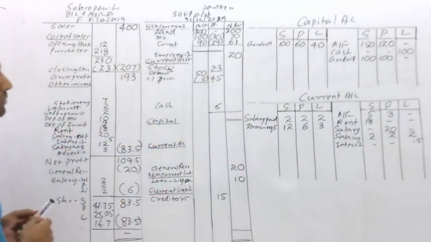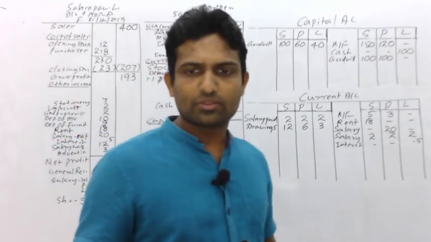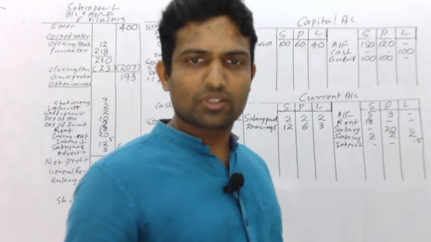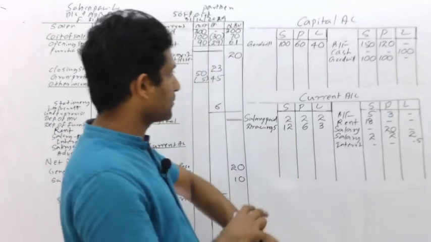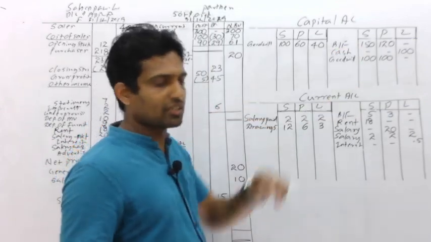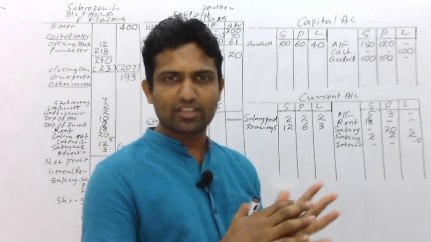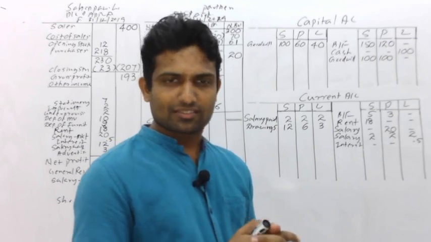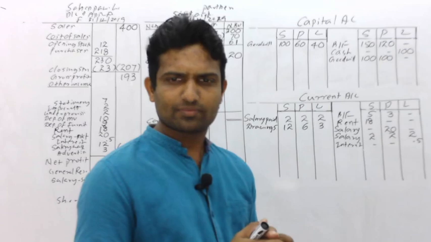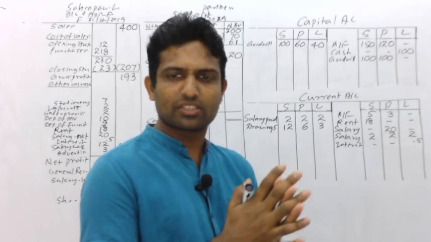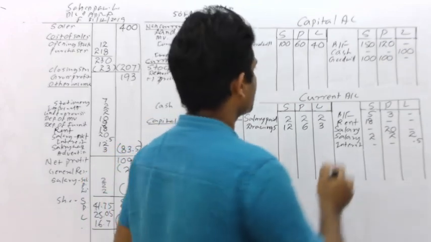Here the interest on capital. Right. When you calculate the interest on capital, on which balance do you have to take it? Is it on opening balances or adjusted balances? Tell me. That is on adjusted balances.